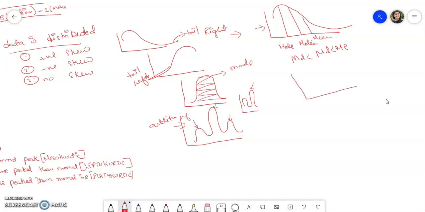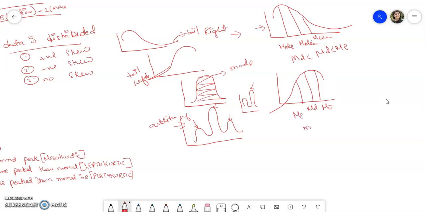And in case of negative skewness, if my data is like this, sorry, it's not drawn properly. If my data is something like this, negatively skewed, over there my mode is this one, my median is towards the left, and this is my mean.